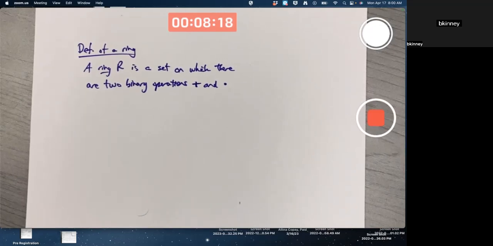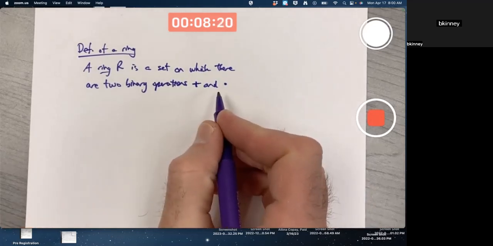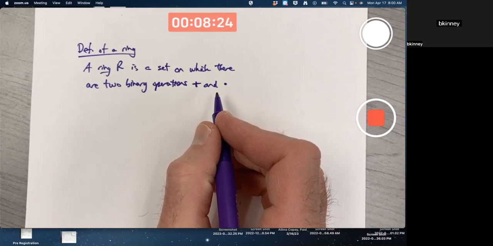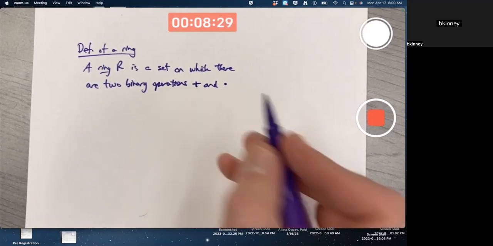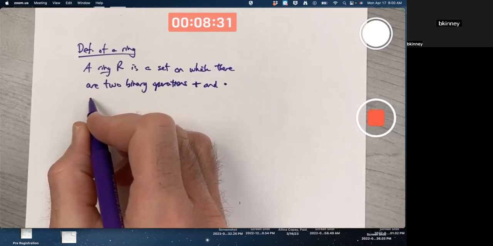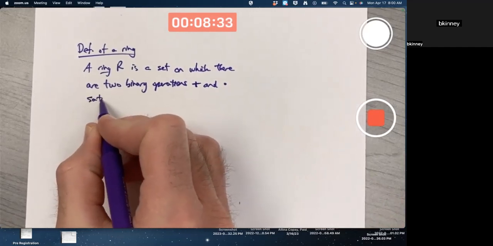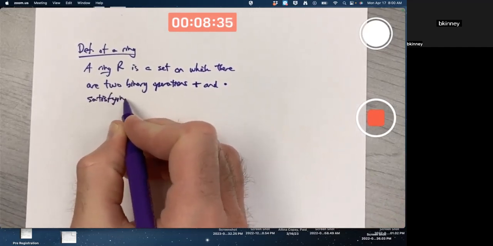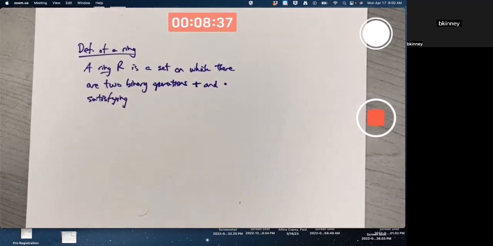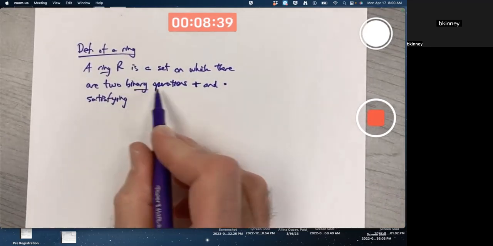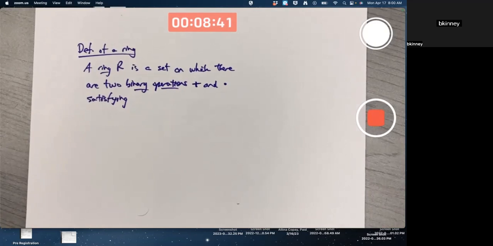So we have two binary operations, addition and multiplication. That is the main kind of operations relevant for most examples, not the really weird examples. Satisfying what? Well, the fact that we're calling them binary operations for our author, at least, means that they're closed.